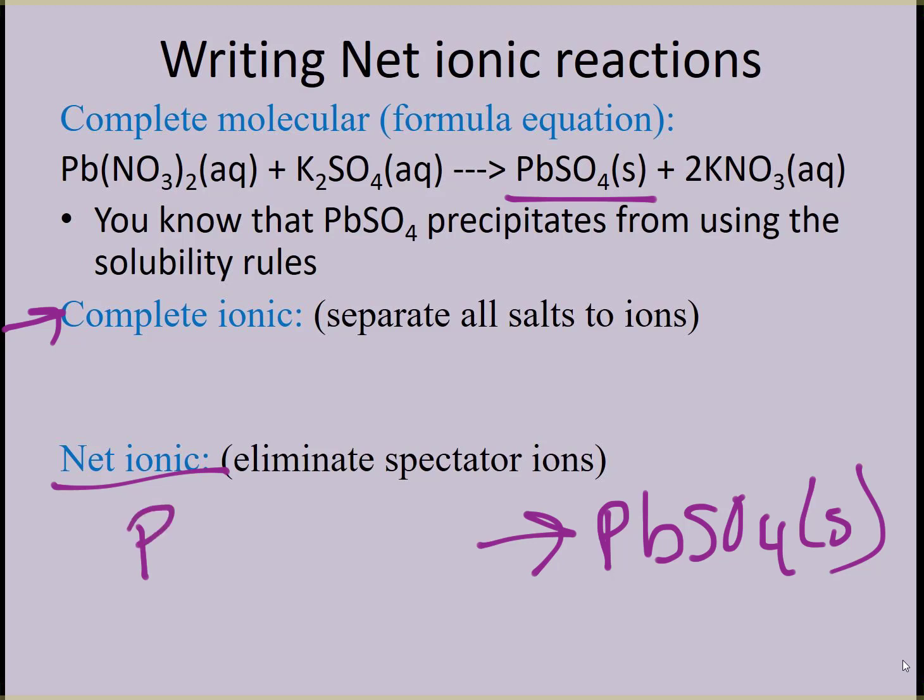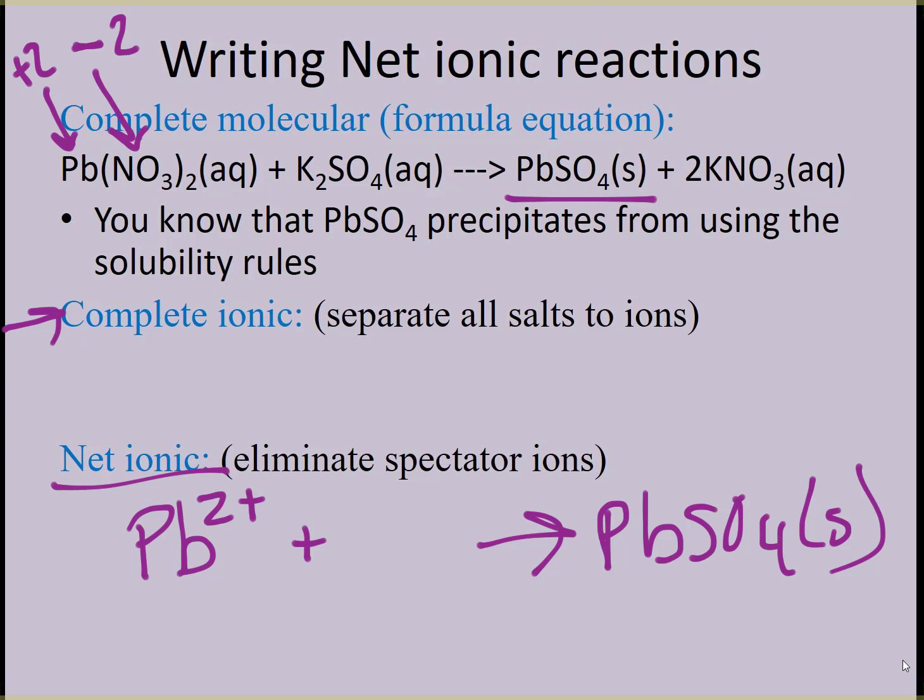Well, I know the lead went into the solid, and I need to figure out what the charge of that is. And I can come over here and say, okay, each of these nitrates is a -1, so that gives me a total of -2. So that means that this lead must be a +2. And so I want to include that charge there.